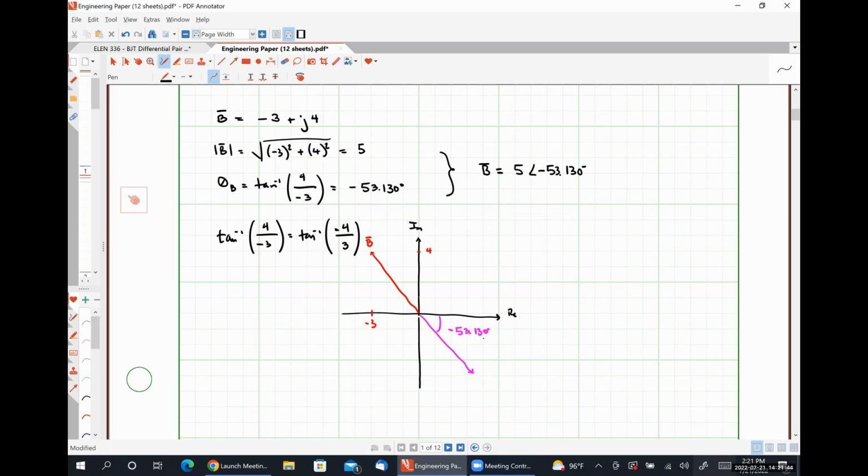So if I type in -3 plus 4i on my calculator, and then I tell it to give me my answer in polar form, I get 5 angle 126.869 or 870 degrees, which is what this angle right here actually is, okay?